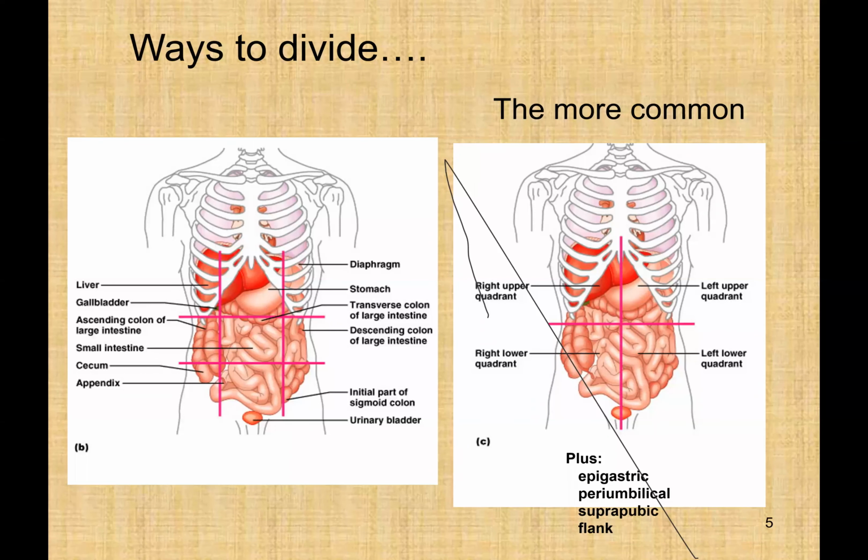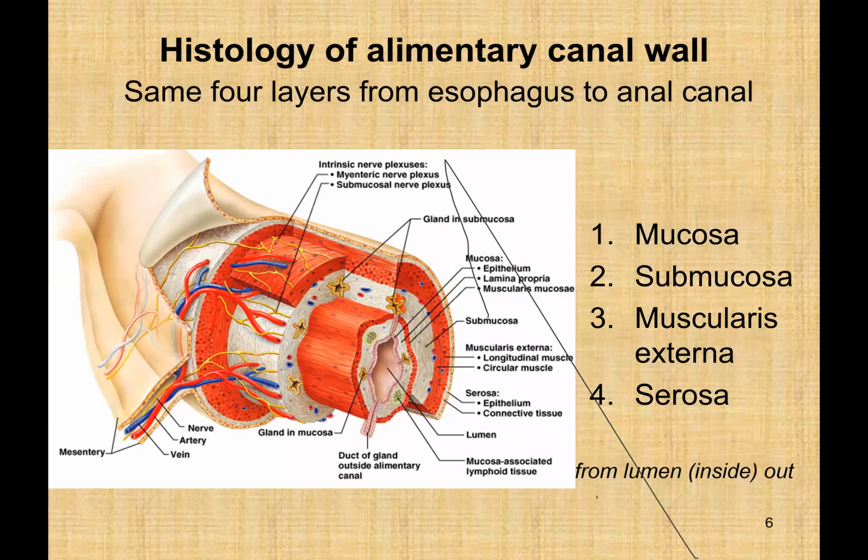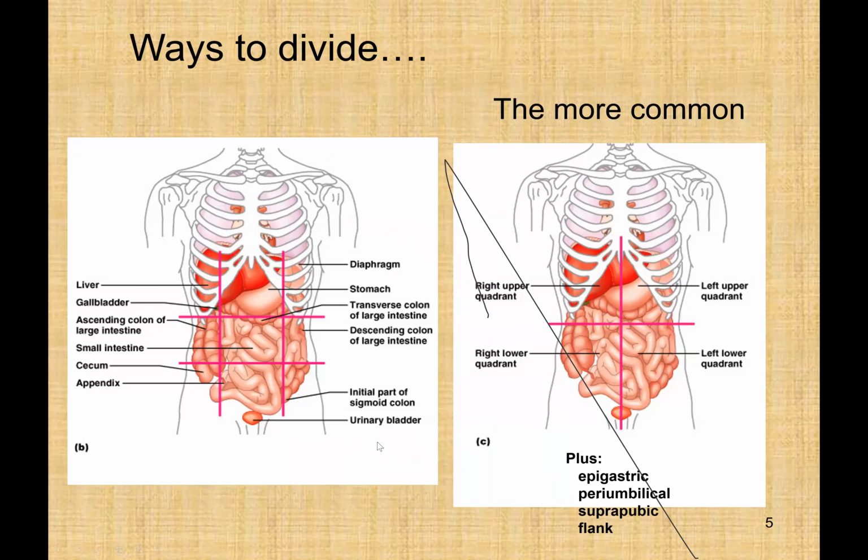So these are some of the most common ones. I asked you to go and look at the divisions pertaining to the 9 regions, and then there are clinical correlations. This I will put on the LMS, and you will have to do it as a home assignment.